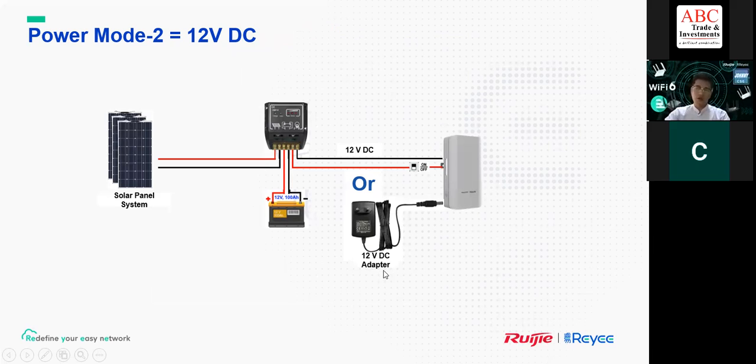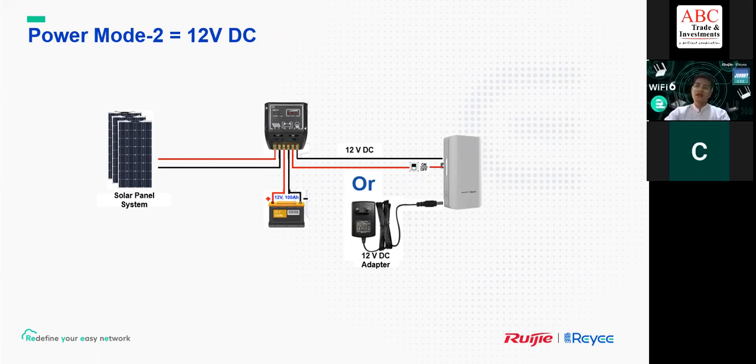So we have three options for the power mode: one is the 24 volt passive PoE, another is the 12 volt solar panel, and the other is the 12 volt DC adapter. Do not use standard PoE like 802.3af/at, because it supports up to 48 volts, so it's not suitable for our product. Please note this.